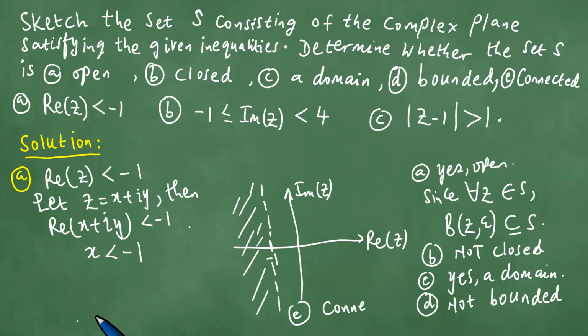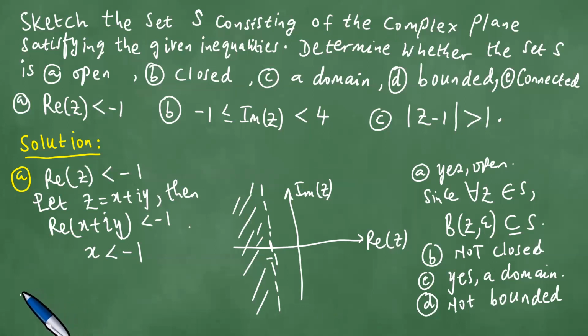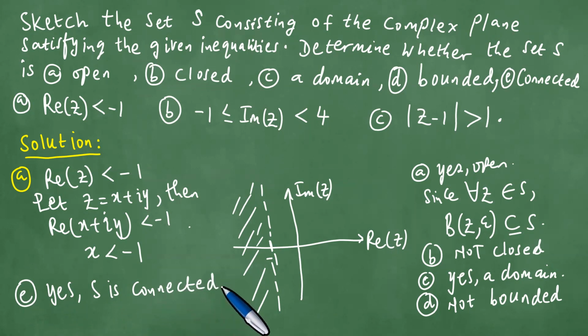Yes, connected, because it cannot be written as a union of two open sets that are disjoint. So yes, S is connected. Right, we continue now to look at the next part.